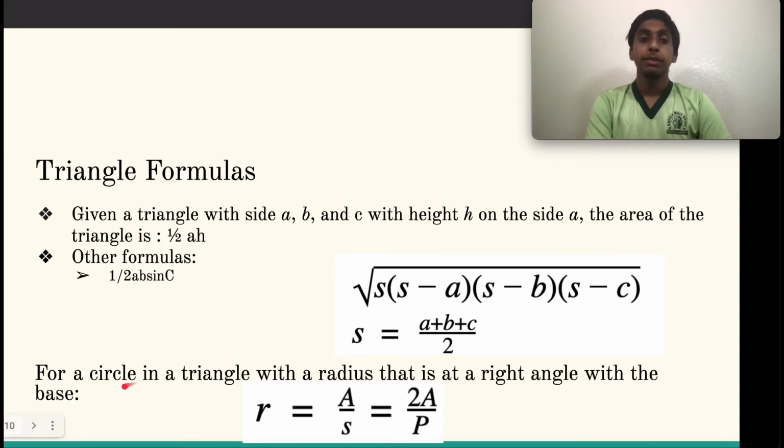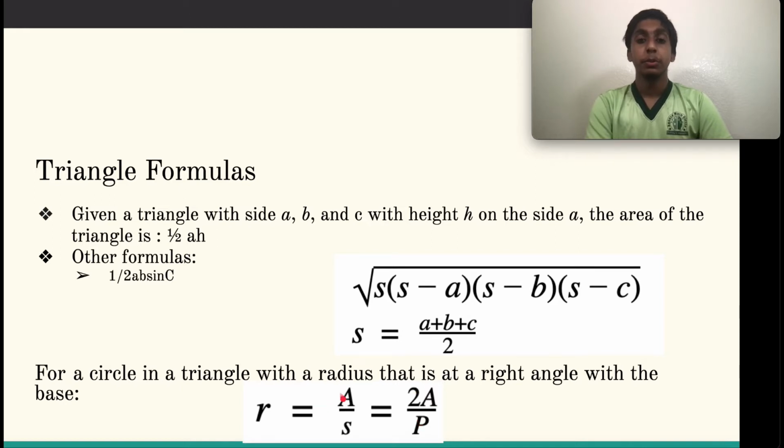And finally, if we have a circle in a triangle, right? So if we have a triangle and then a circle is inscribed in it, and we have a radius that's at a right angle with the base, then our radius's length is going to be area over semi-perimeter. And we can always rewrite this as 2 times the area over our perimeter, whichever one's more convenient for you.